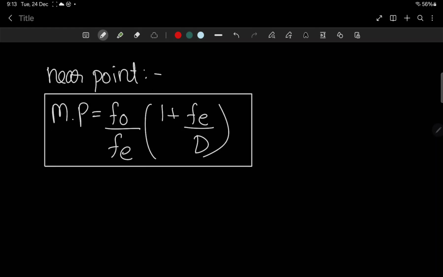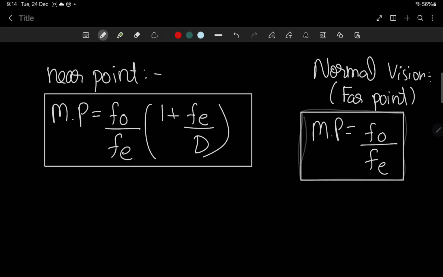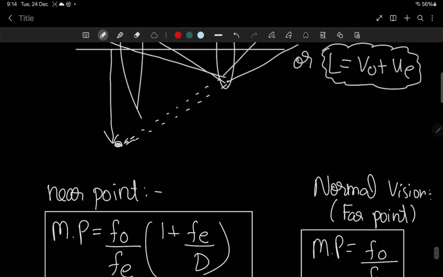Magnifying power on the near point. For normal vision or for far point, that is far point, it is f naught by fe. Just f naught by fe. These two equations are important.